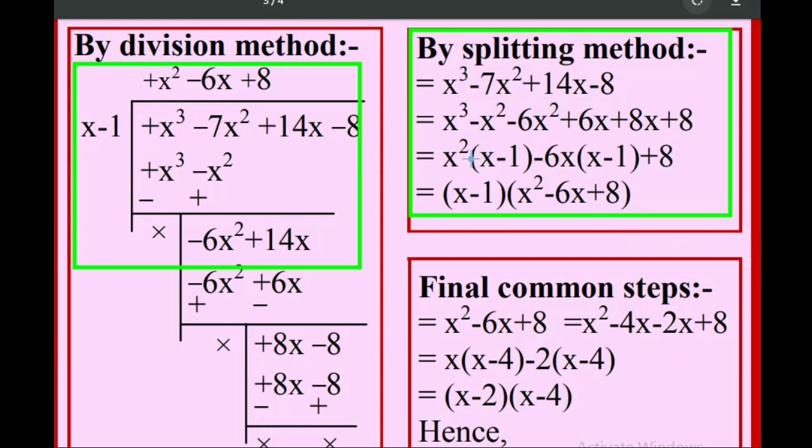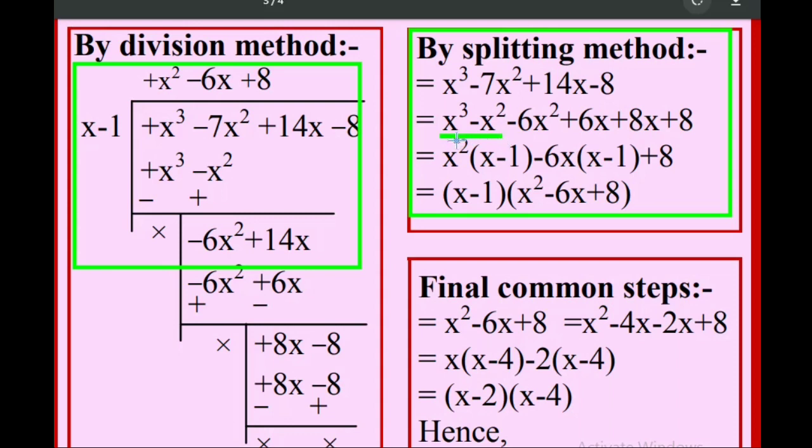First of all, the first term of this polynomial is x cube, and we keep in mind that x minus 1 as a factor, which we have already got using the factor theorem, we have to extract from this polynomial. So the first term is x cube. Now we ask what should be the partner of x cube so that this pair, x cube and minus x square, returns x minus 1 as a factor.